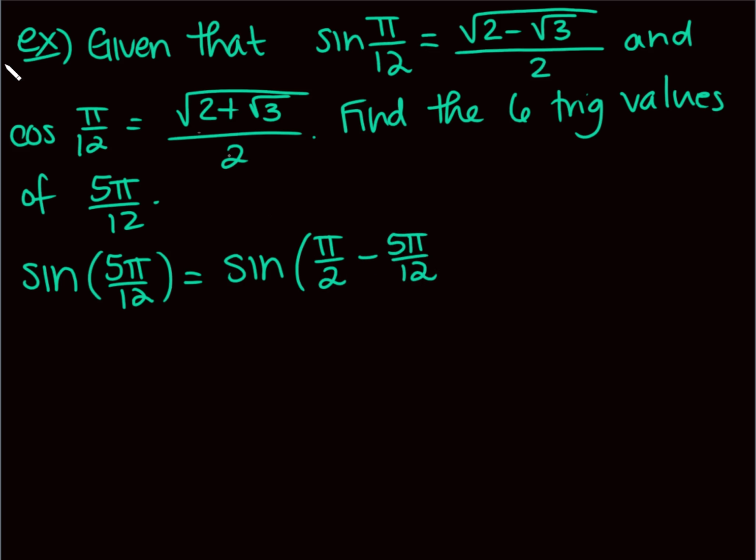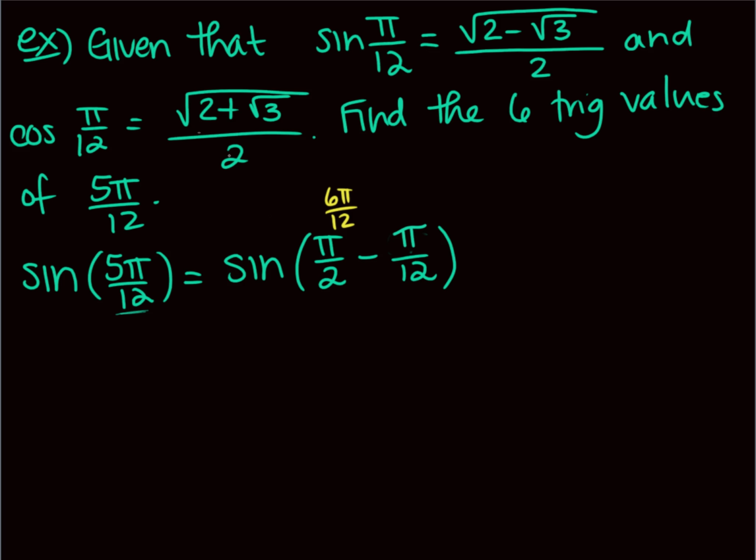Notice pi over 2 minus pi over 12 is 6 pi over 12 minus pi over 12, which gives me the 5 pi over 12 that I want.